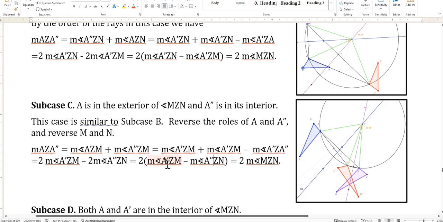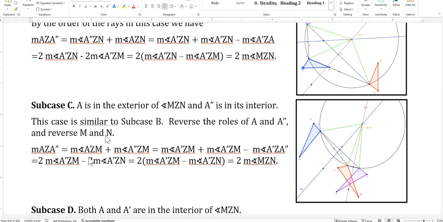So now we go A prime to Z to M minus A double prime to Z to M. Okay, I think I want to say it this way.